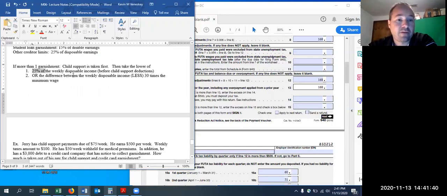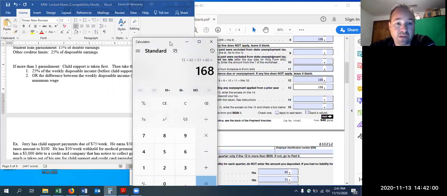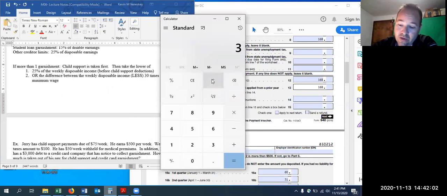And remember, that's the lower of, or the difference between the weekly disposable income less 30 times the minimum wage. So minimum wage for Indiana, $7.25. Or the difference between the weekly disposable income and 30 times 7.25.